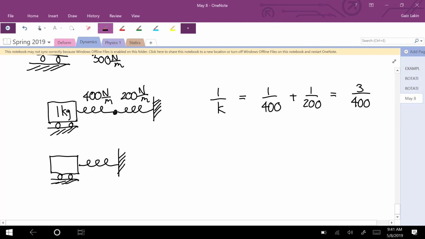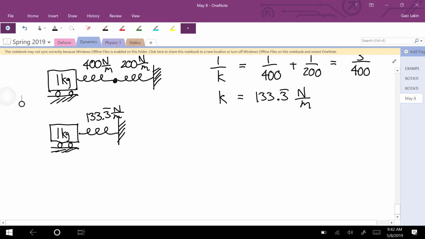And so K is equal to, I think that's 133.3 repeating. And so the frequency of this system is 1 over 2 pi times the square root of 133.3 repeating over 1 kilogram.